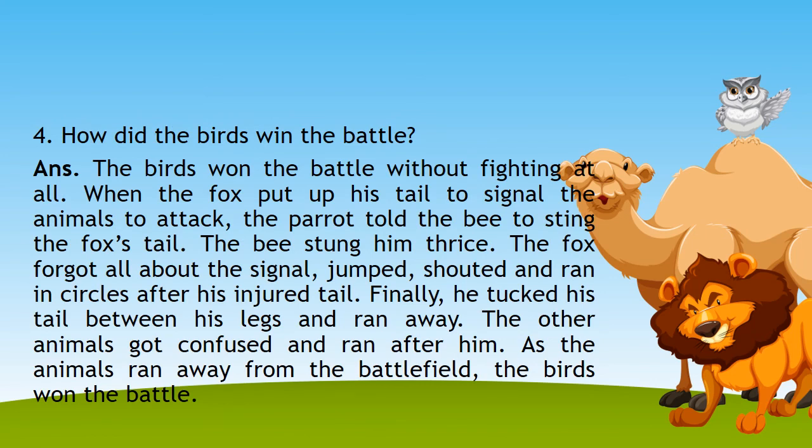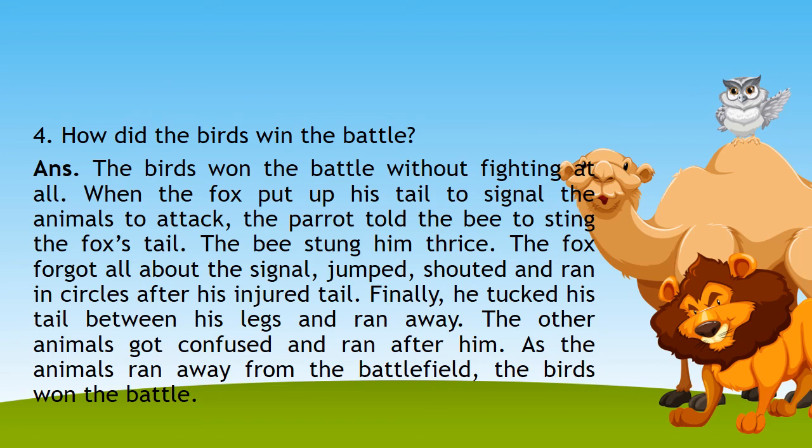Question 4. How did the birds win the battle? Or I can also ask, how did the animals lose the battle? Answer, the birds won the battle without fighting at all. When the fox put up his tail to signal the animals to attack, the parrot told the bee to sting the fox's tail. The bee stung him thrice.